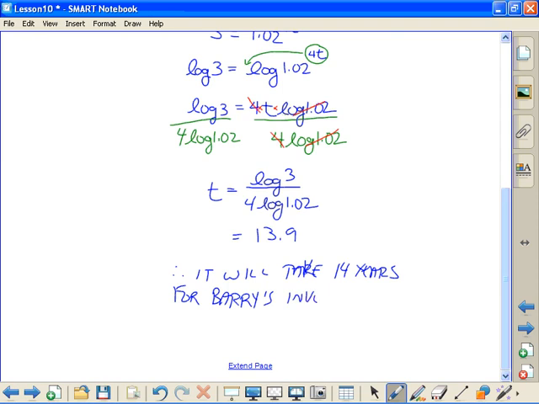investment to triple. Now, the calculator gives you pretty close, and if you compared the answers here, you would find that if we're only going to 2 or 3 decimal places, it's probably the exact same. But if you go further, you'll notice the graphing calculator's answer and what we came up with the logarithmic expression here is a little bit different. And that's because this is an exact value.